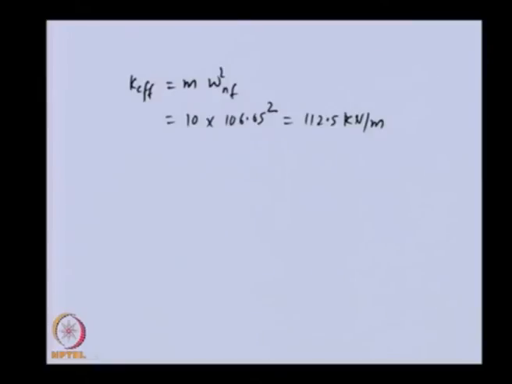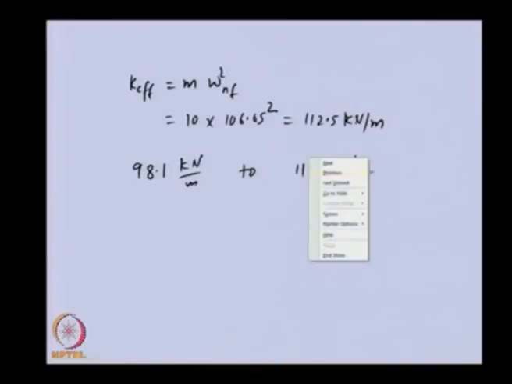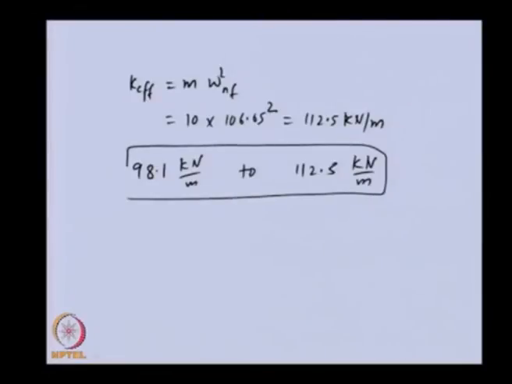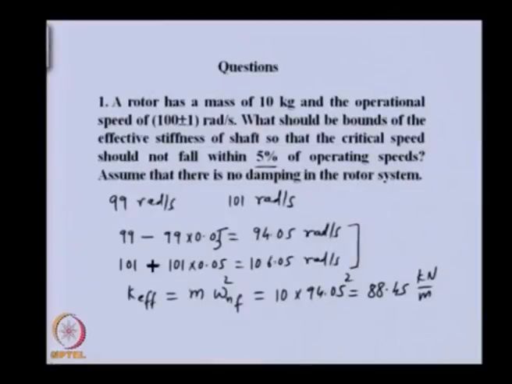The effective stiffness should not fall within the range 98.1 kilonewton per meter to 112.5 kilonewton per meter to avoid the resonance. If we choose the effective stiffness outside this range, we will meet the requirement that the critical speed is not falling within 5% of the operating speed, avoiding the resonance.